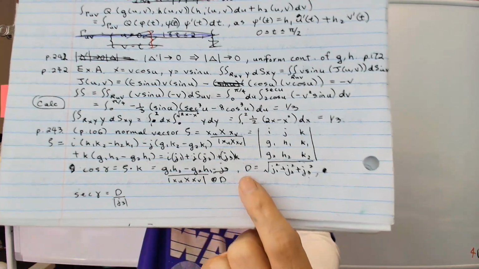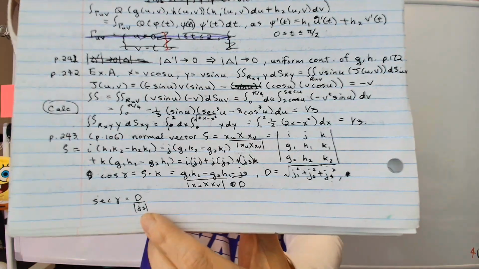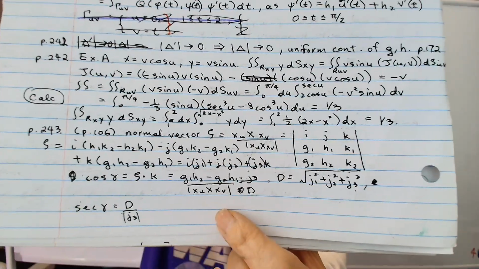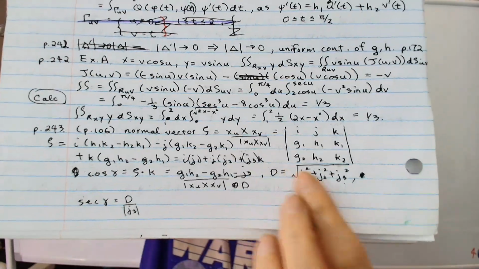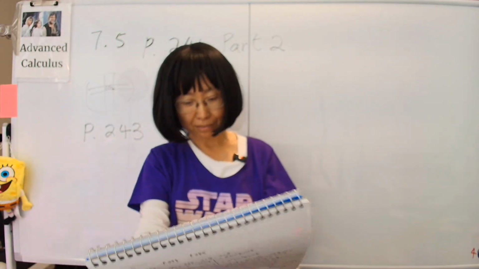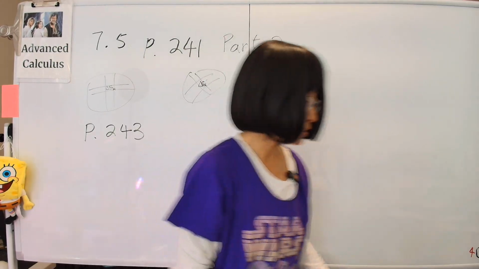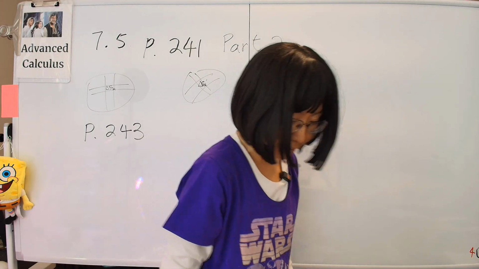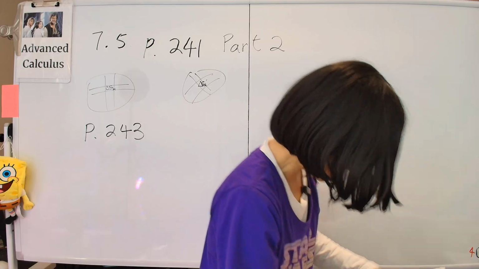Secant gamma is flipping this around, which is d over j3. Please do this yourself; it shouldn't take that long. You do one cross product just to confirm, because this was not done in the book directly, so that it is clear where this came from.